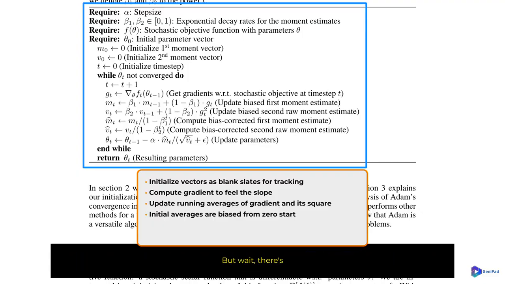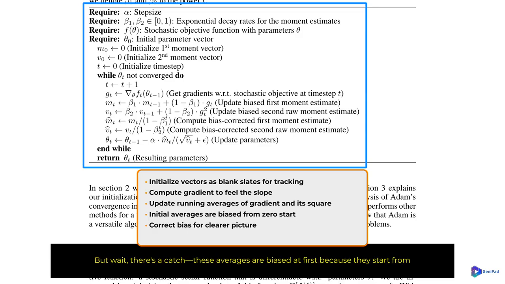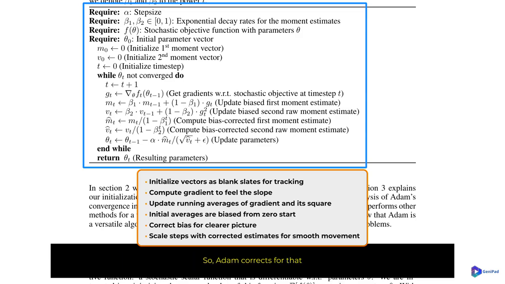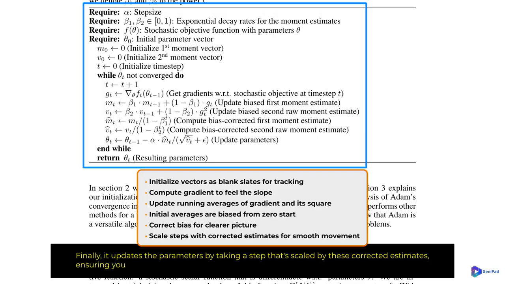But wait, there's a catch. These averages are biased at first because they start from 0. So ATOM corrects for that bias to give you a clearer picture. Finally, it updates the parameters by taking a step that's scaled by these corrected estimates, ensuring you move smoothly towards the minimum without wild swings.